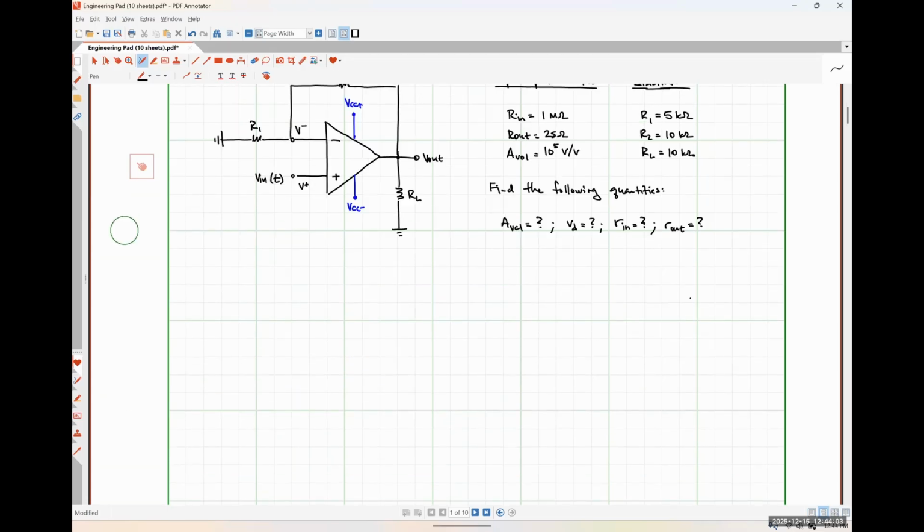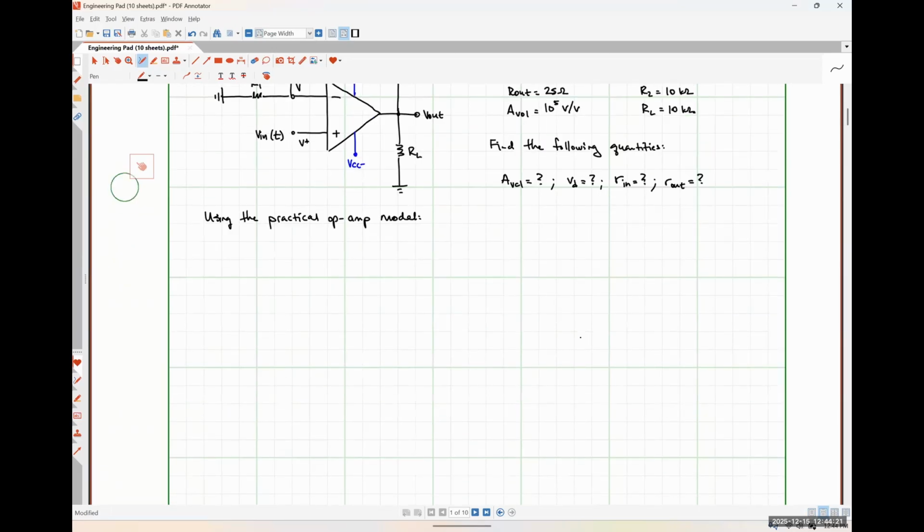So using the practical op amp model, I could redraw my circuit as follows. Okay. So I'm going to start with my input resistance here. So this is a 1 mega ohm input resistance.